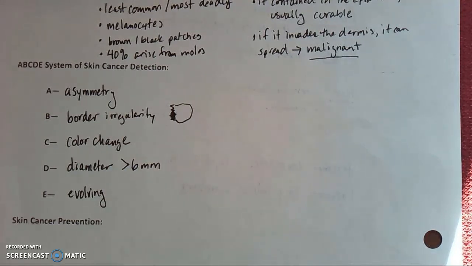So anywhere where you have skin, there is the possibility that it could be. So you might not be able to see certain areas of your body, so you go to a doctor and they will examine that.